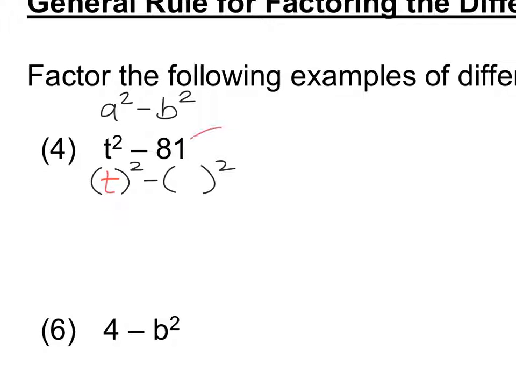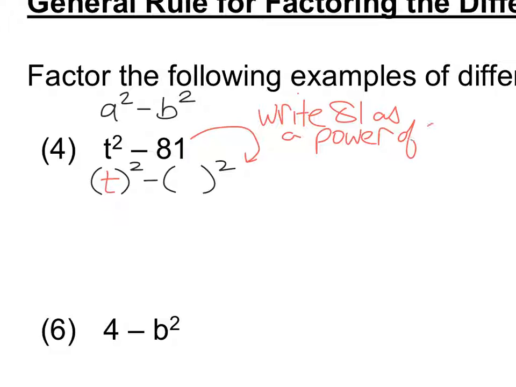But what I want to do here is write 81 as a power of 2. All right. So what number squared is equivalent to 81? 9. So now I know my A value and my B value.